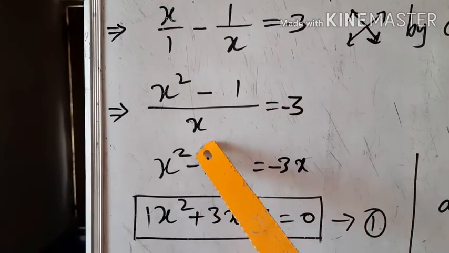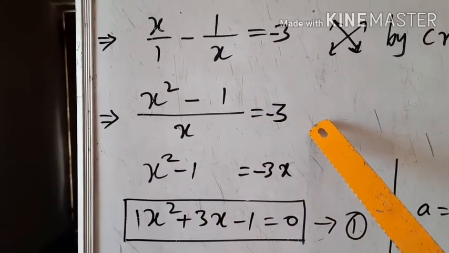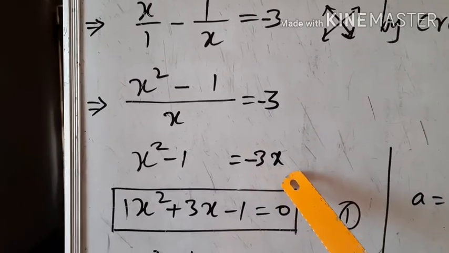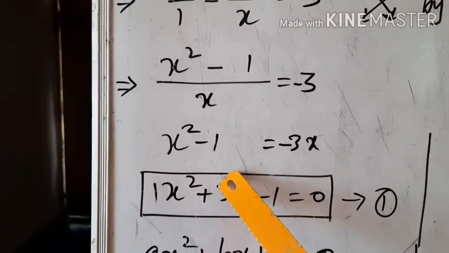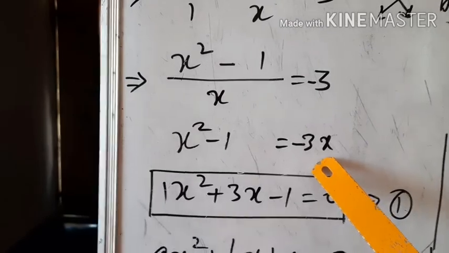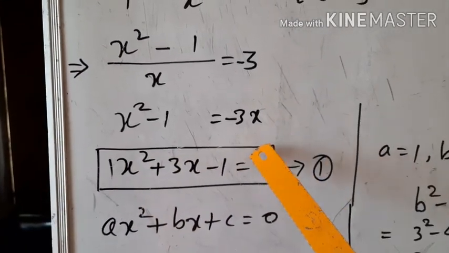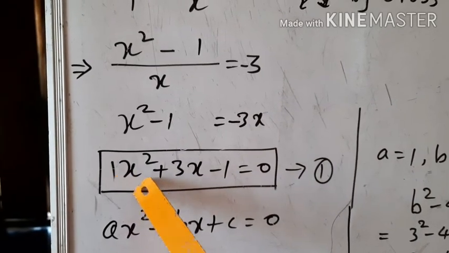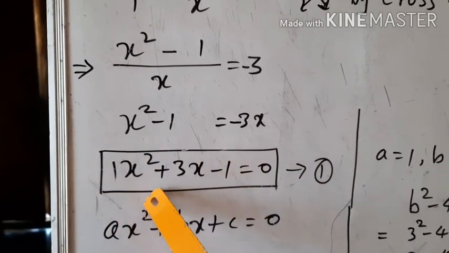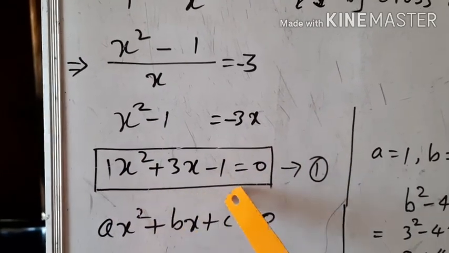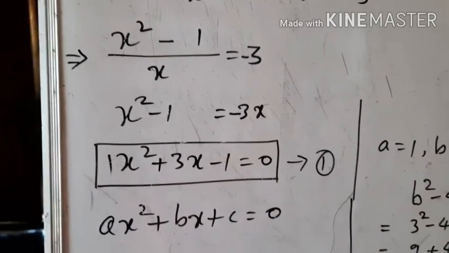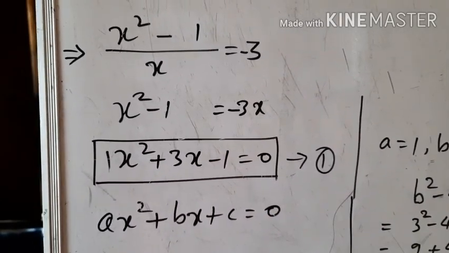If the x that is dividing is transposed to this side, it becomes minus 3x is equal to x square minus 1, right? So x square minus 1 is equal to minus 3x, and if this minus 3x is transposed to this side, it becomes 1x square plus 3x minus 1 is equal to 0, which is the required equation.